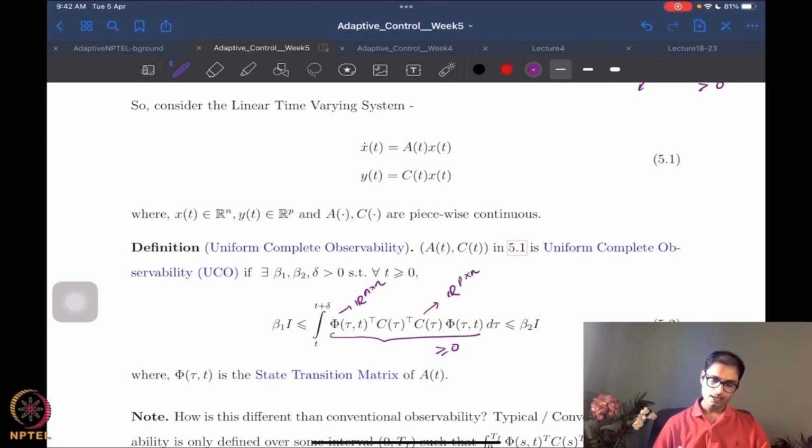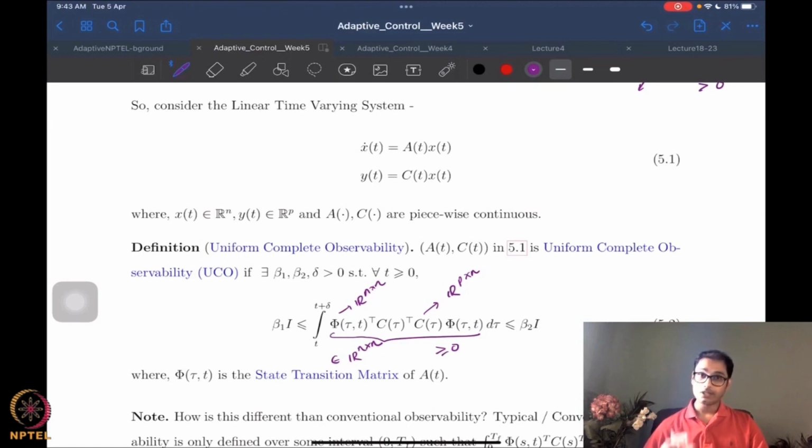So the whole thing is in fact R n by n, correct? But the thing is, because p is typically less than n, C is not full rank, therefore this entire product is not necessarily full rank, so it's only possibly positive semi-definite, right?